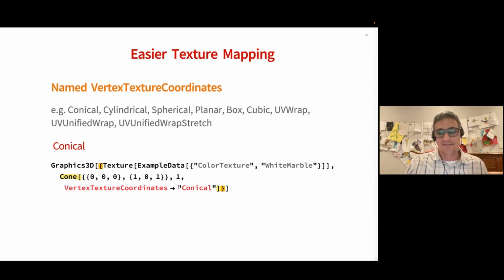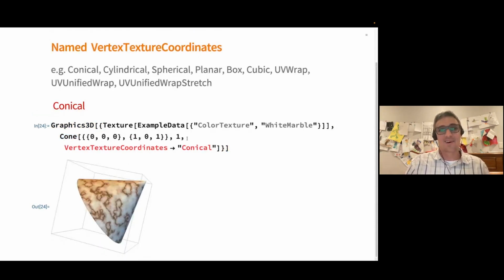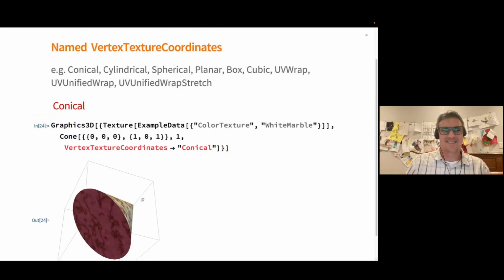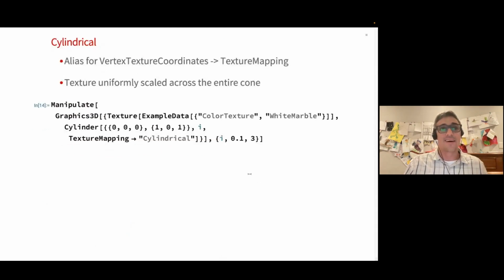And now you can very simply just say, for instance, for a cone, I'd like to map my texture across the cone using a conical mapping, and you get this nice uniformly distributed mapping of the texture across the cone.